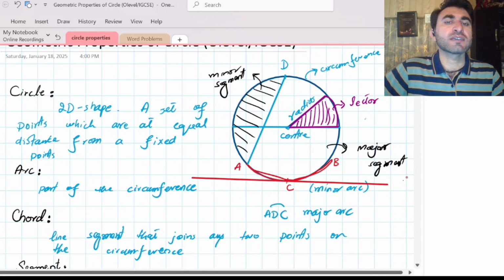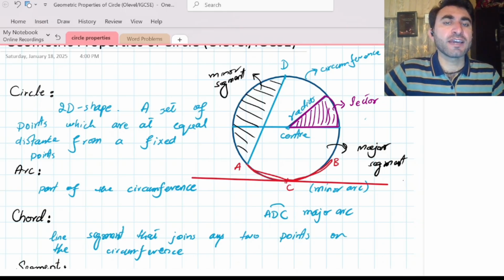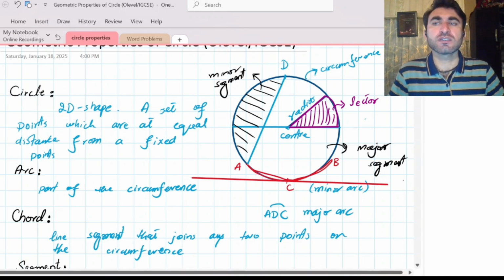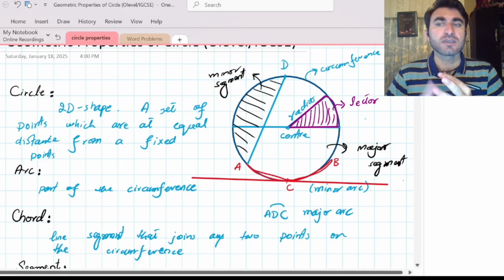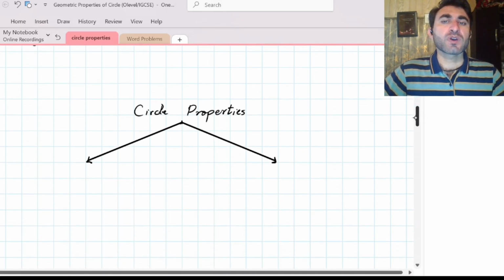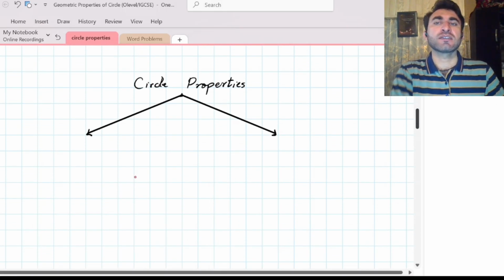This will be known as the tangent to the circle at point C, because it passes through the point C. So these were a few definitions about the circle: the definition of circle, the radius, the arc, chord, segment, sector, and tangent.